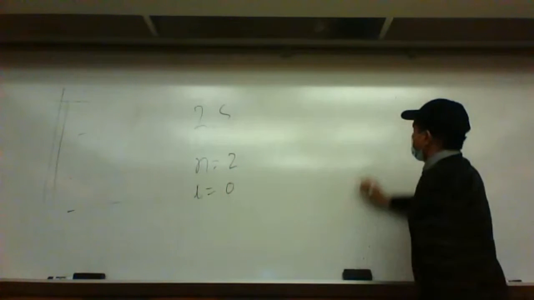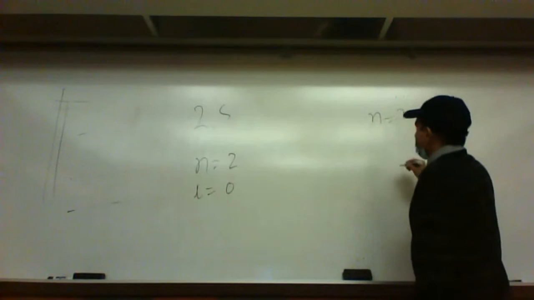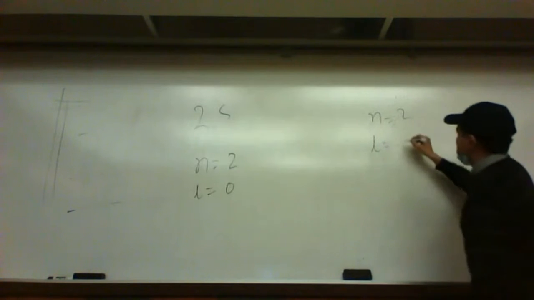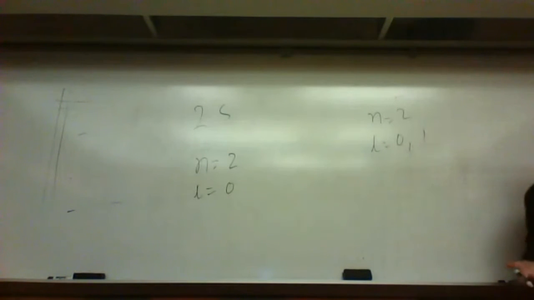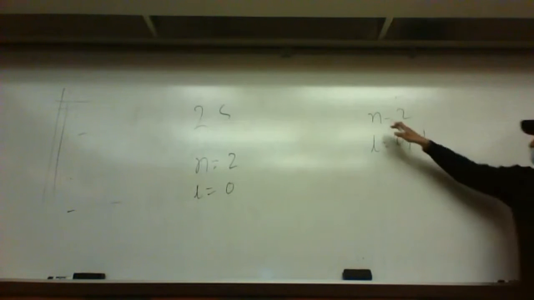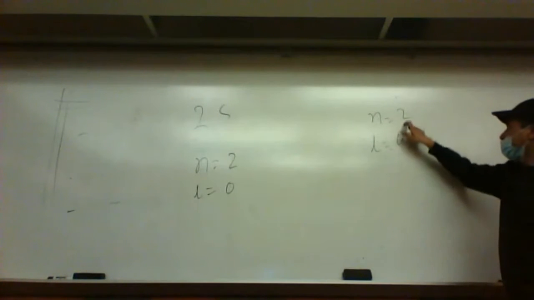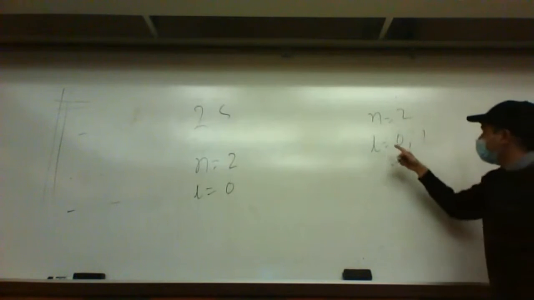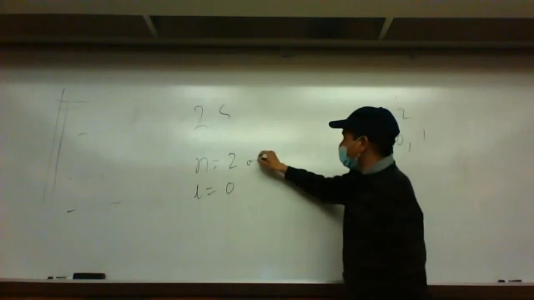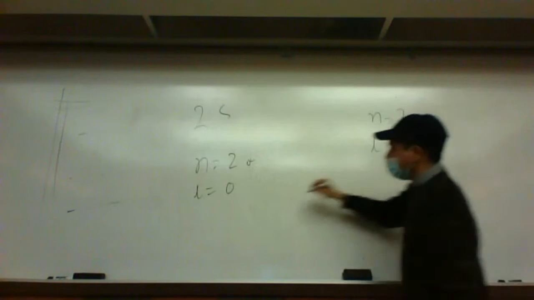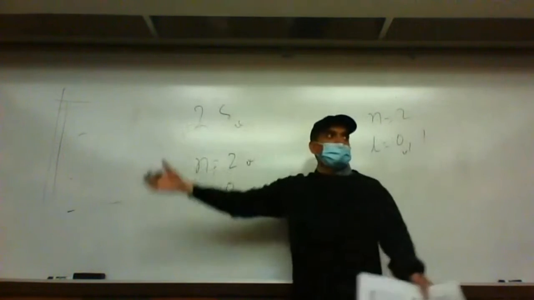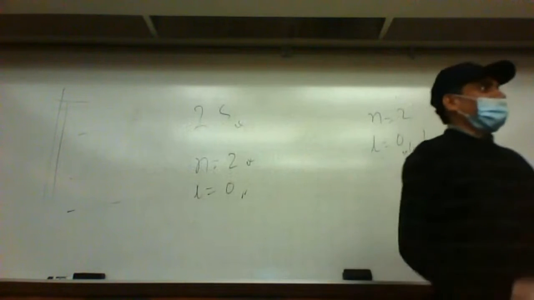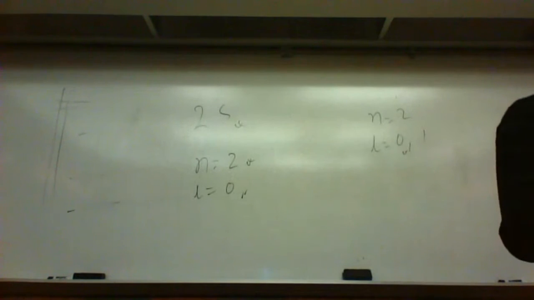If we have n equals 2, what are the possible quantum numbers here? 0 and 1, right? We start from 0 and we don't reach up to 2, so we only go up to 1. Do we have n equals 2 here? Yes, we have 2 here. Do we have L equals 0 here? Yes. So this exists. This is possible, right? It's exactly according to the rule.